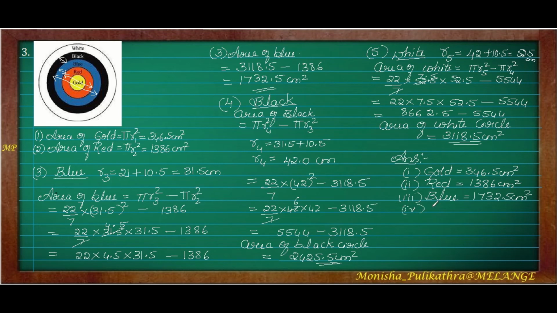Next, fourth one, the black circle, is equal to 2425.5 centimeter square, and last is the white circle, which is equal to 3118.5 centimeter square. So I hope you understood this.